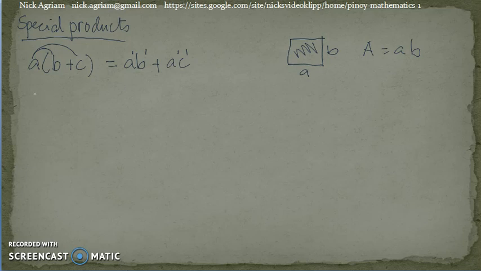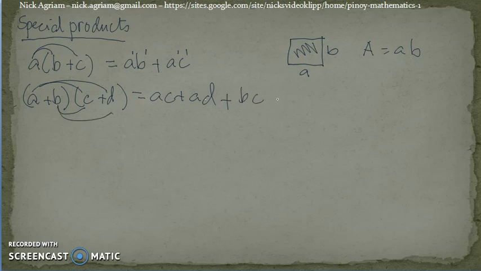Okay. Kahit mag-multiply ako ng A plus B in a parenthesis, multiplied by C plus D, multiplying A and C, AC, and then A multiplied by D, that is AD, and then B multiplied by C is BC, B multiplied by D is BD.